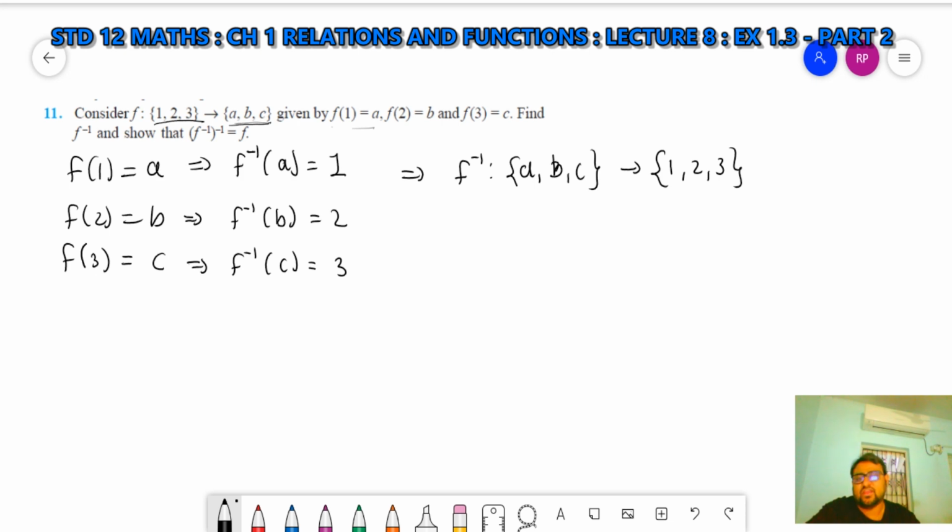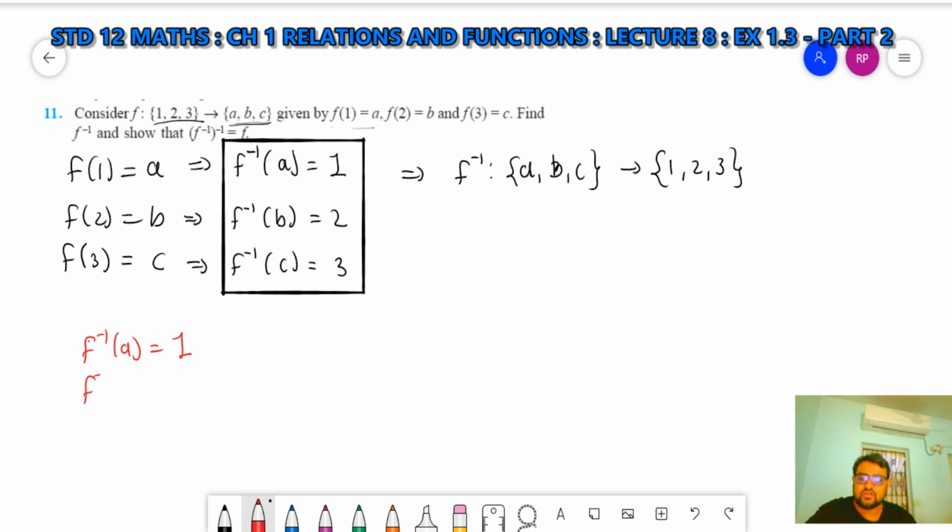Clear? This is f inverse. I found it out such that f inverse of A equal to 1, f inverse of B equal to 2 and f inverse of C equal to 3. Now you have to show (f inverse) inverse is f. Clear? So now see, again I am writing, what is f inverse of A?